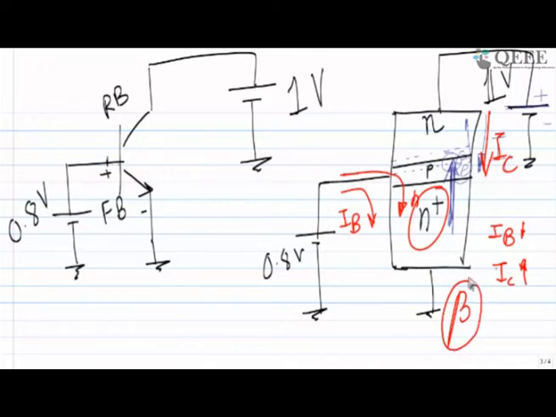This beta depends on how heavily you dope your N plus region, the size of the base width, and the size of the lightly doped N side. This whole setup will give you beta, but different manufacturers cannot make exactly the same N plus PN, and your beta will always vary. This beta variation we are going to call process variation.